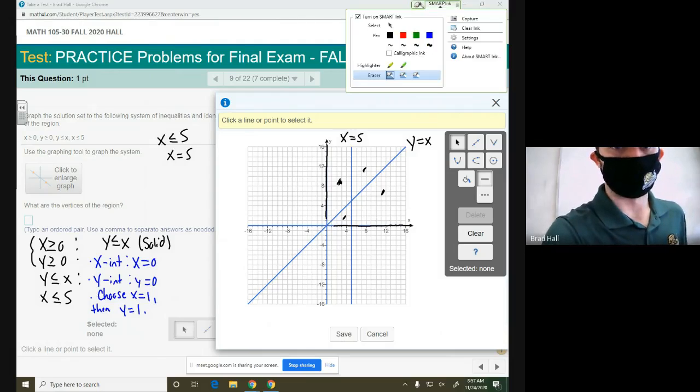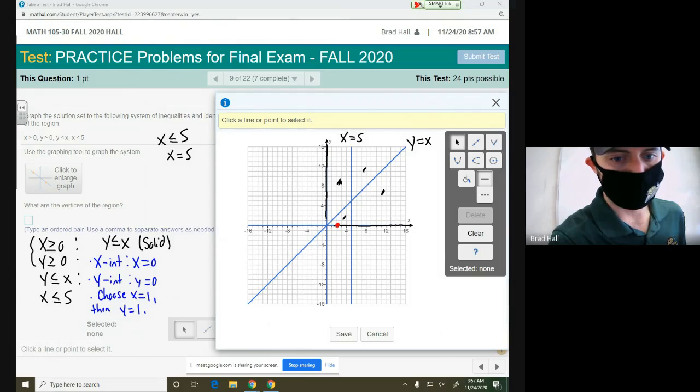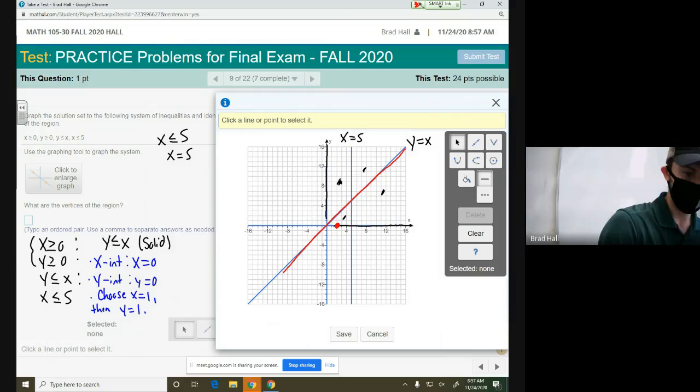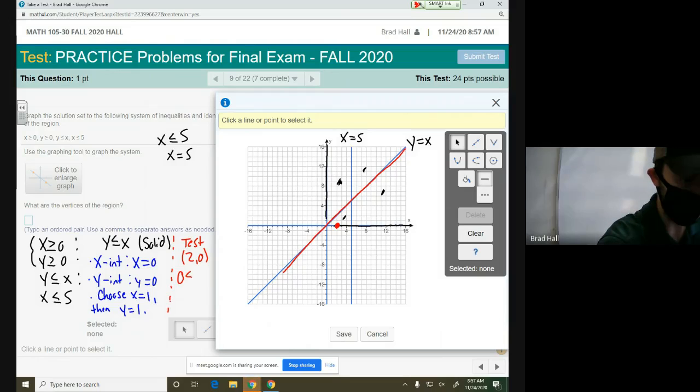I'll pick another test point that's a little bit more discernible. So what about right here? Because now it's clear that for the diagonal line, we either shade on that side of the dot or we shade away from that side. So really what we're testing is, well, that looks like the point 2, 0. And so 2 is x, 0 is y, so 0 is less than or equal to 2, which is true.